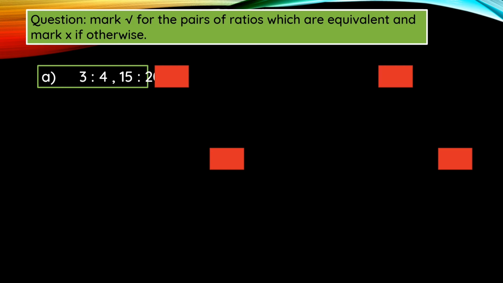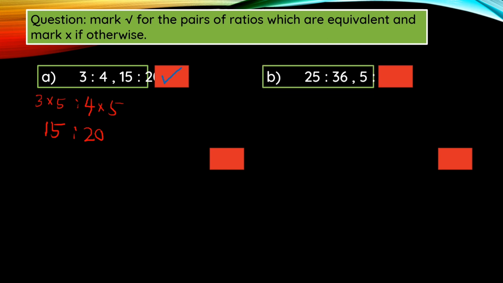Let's say 3 times 5 ratio 4 times 5. The answer will be 15 ratio 20. So it is equivalent. You can just mark right since it is equivalent.